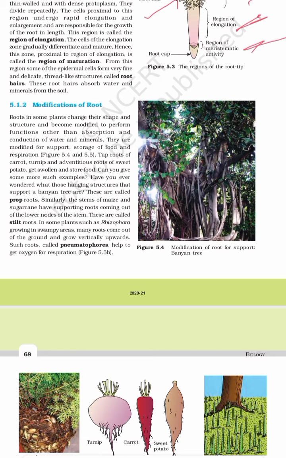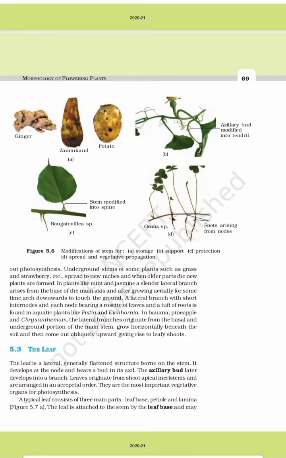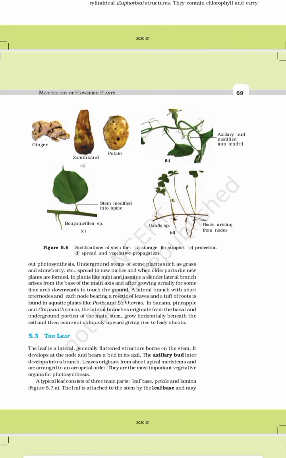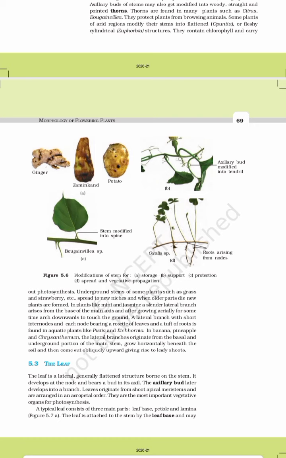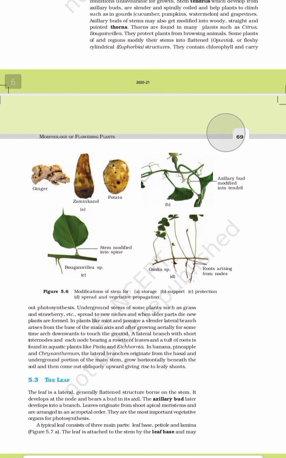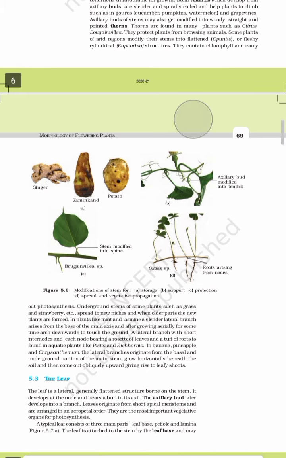So to take the oxygen, they develop roots not underground but above the ground. These are called pneumatophores. So this was about the modification of roots.